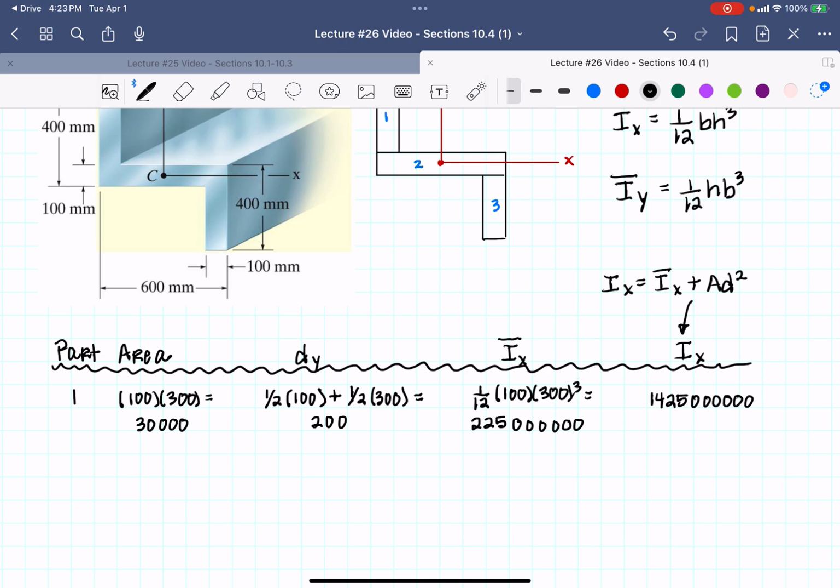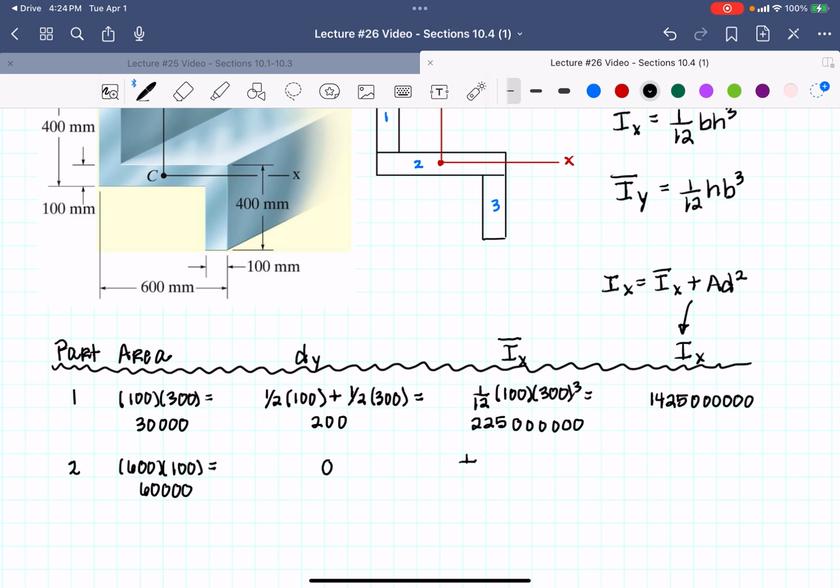Then I've got part number 2. It is 600 by 100, which gives me 60,000. Its center is on the x-axis at the centroid, so there's no vertical distance, so it's 0.